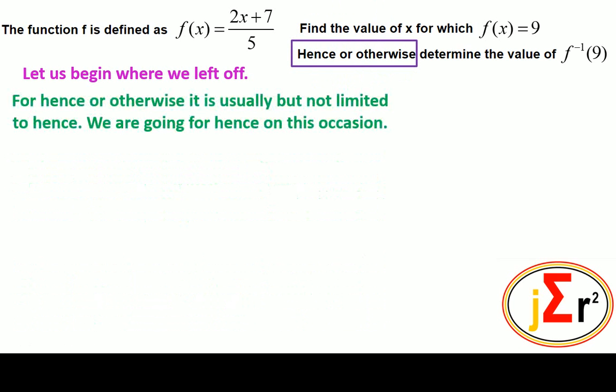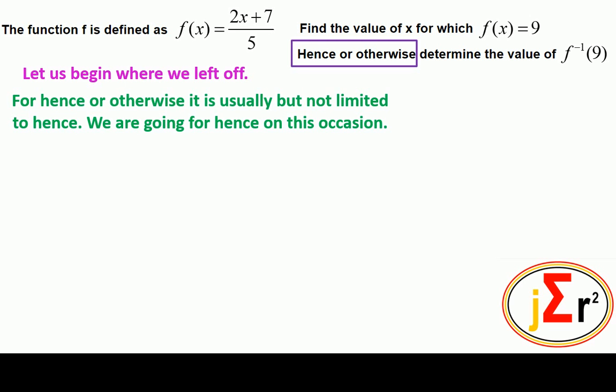Hence or otherwise. For hence or otherwise, it is usually but not limited to hence. Hence is usually what we do. We are going for hence on this occasion. Hence or otherwise, we are going to use hence, and on a different audiovisual, we will use otherwise.